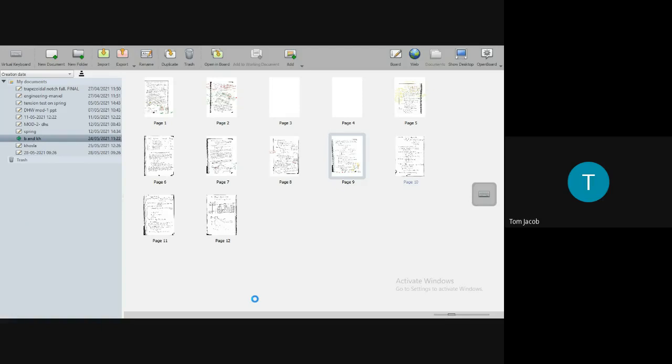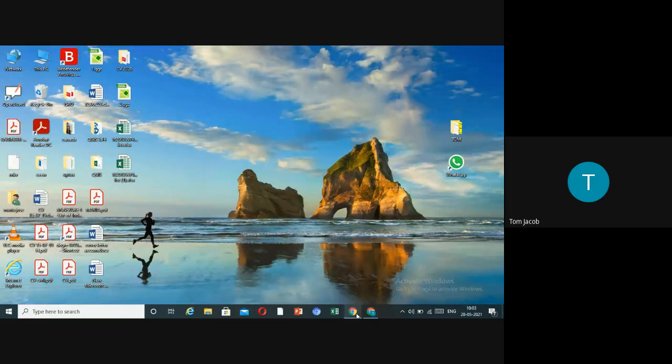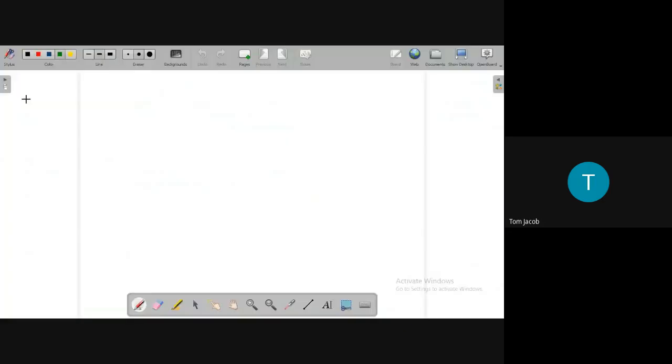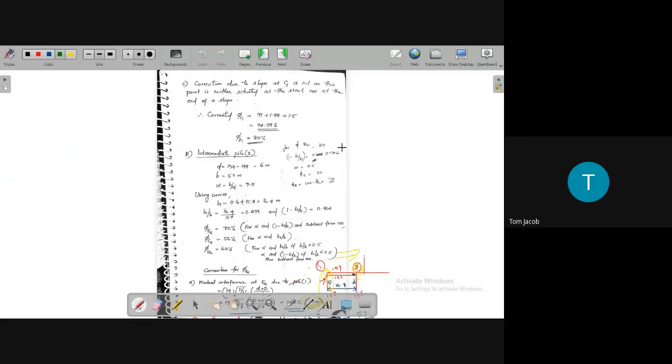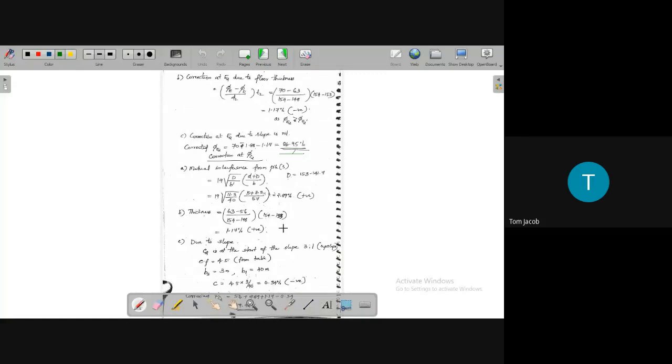Okay, system hang, wait here. Okay, the figure comes like this.